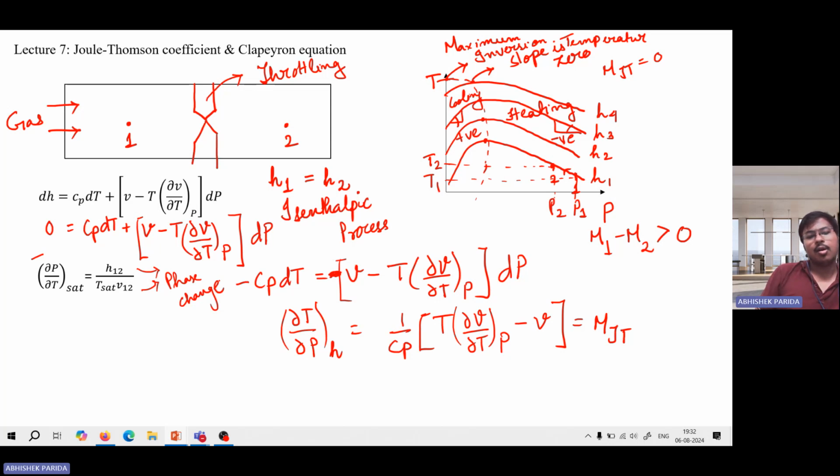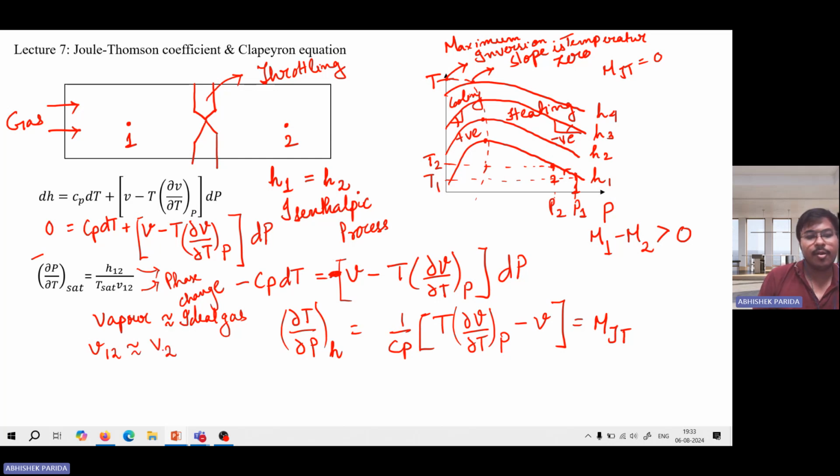Now, another case is for approximation. Whenever there is a liquid-vapor conversion, we can assume that the vapor behaves almost like an ideal gas. In that case, V12 is only V2.